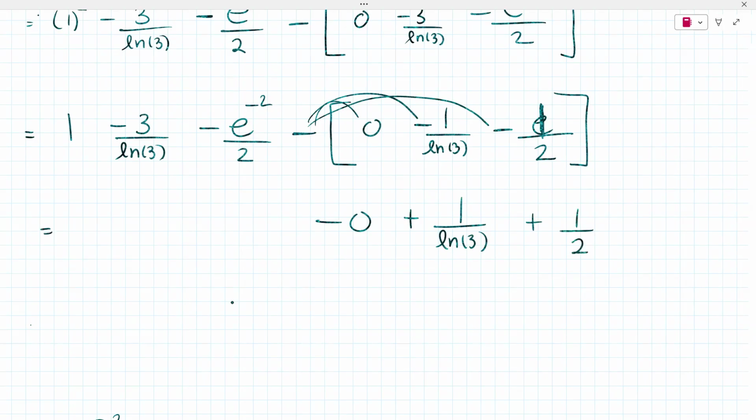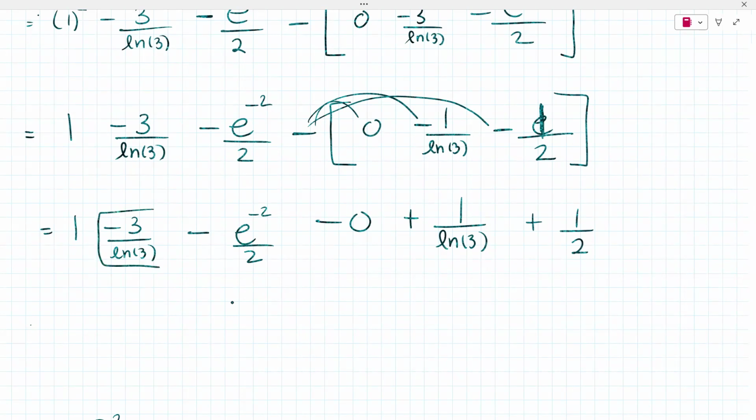So this is going to be 1 minus 3 over ln of 3. And this is going to be, oh, this is a minus e to the negative 2 over 2. And what do you see that cancels? So if you clean this up, what can you collect?